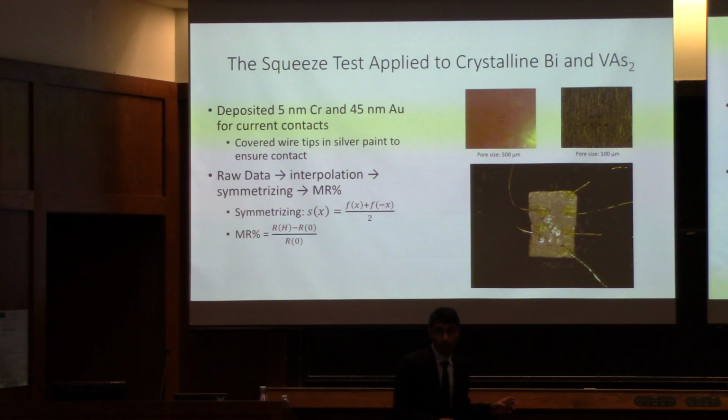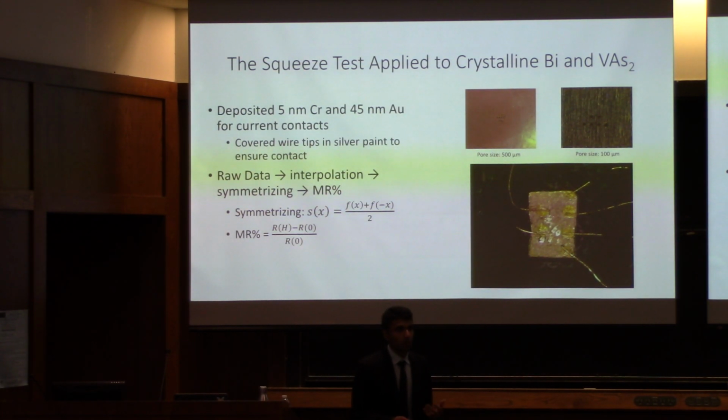Additionally, for larger samples, that is our bismuth samples for the most part, we used a shadow mask that I developed using a PCB writer with pore sizes of 500 micrometer diameter. However, for smaller crystals, such as our vanadium diarsenide, we have to resort to smaller current contacts of 100 micrometers. Once we configured it properly, we then placed it into our Quantum Design PPMS machine to obtain our LMR profile.